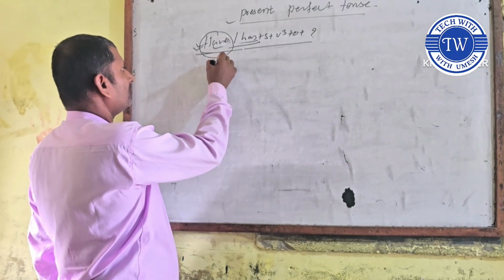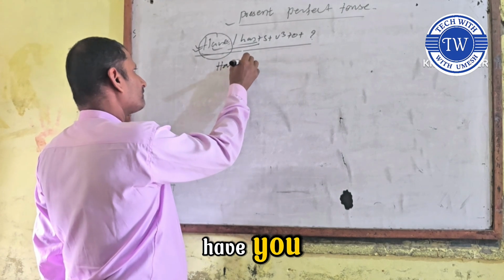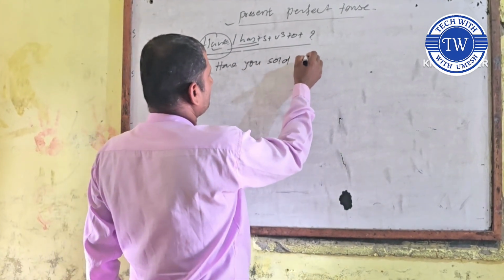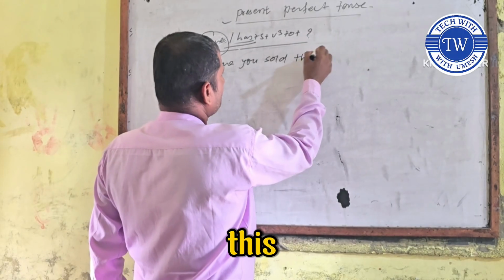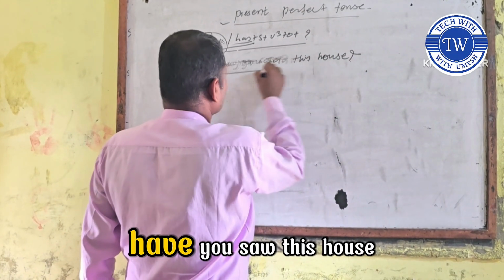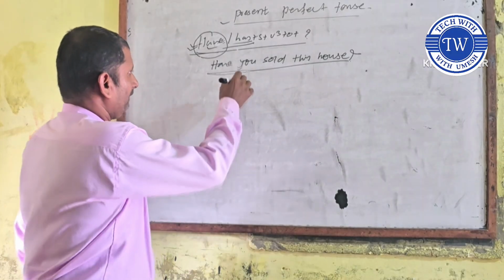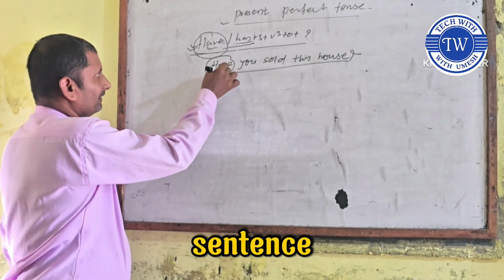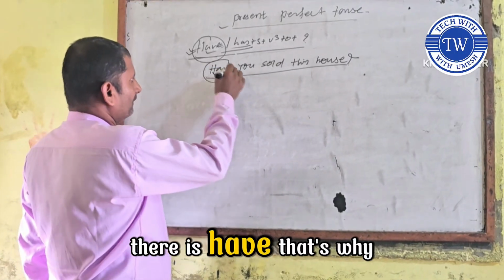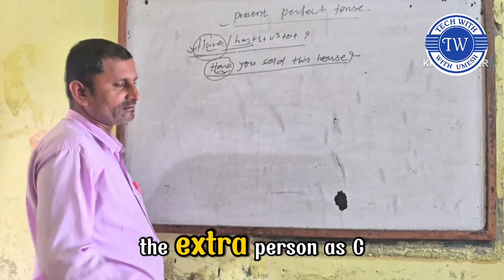While the auxiliary verb comes first, that question is known as the yes no question. Like this: have you sold this house? In the initial of the sentence, there is have. That's why it is known as the yes no question.